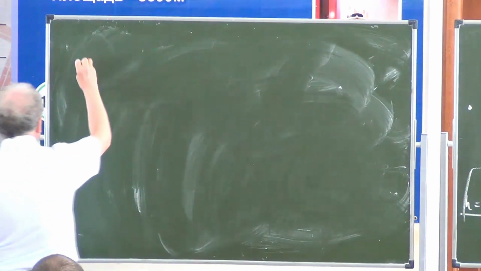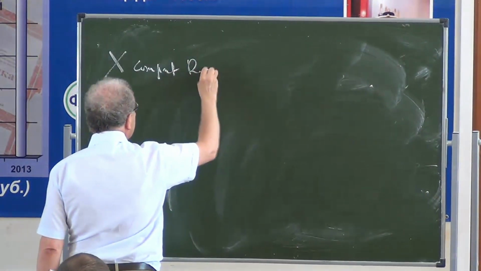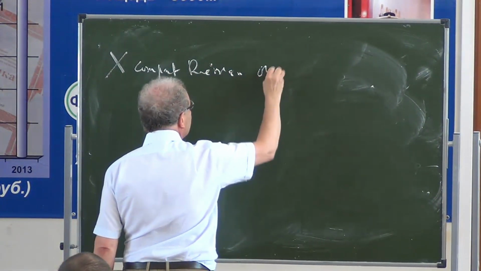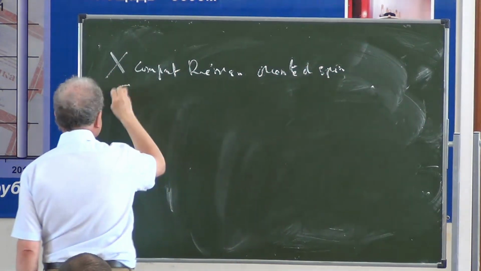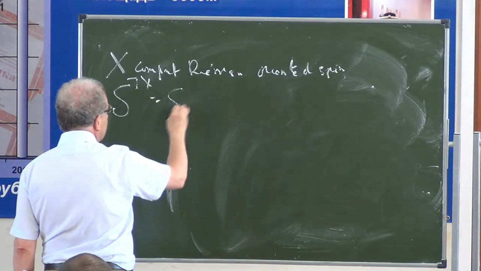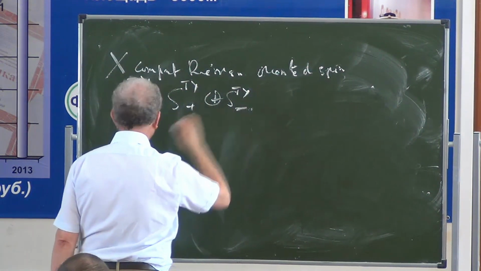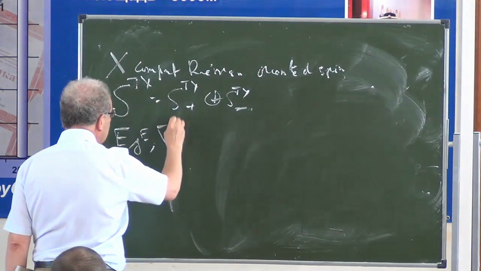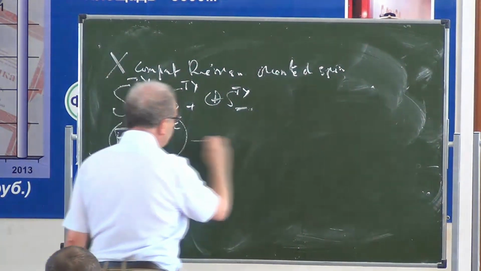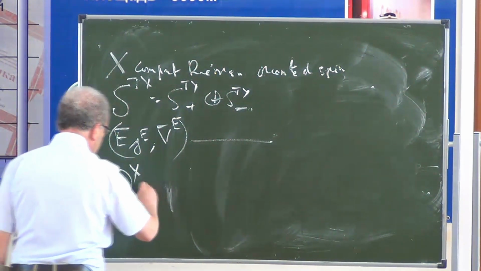So let me again take X to be compact, Riemannian, oriented, and spin. So I have the bundle of spinors, S(TX) equals S(TX)+ plus S(TX)-. I give myself (E, g^E, nabla^E) to be a Hermitian vector bundle with unitary connection, and I have the Dirac operator, D^X.